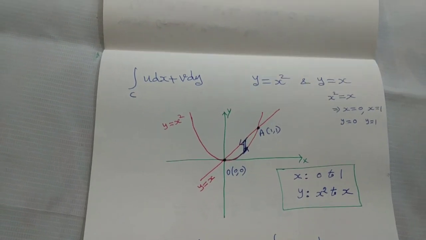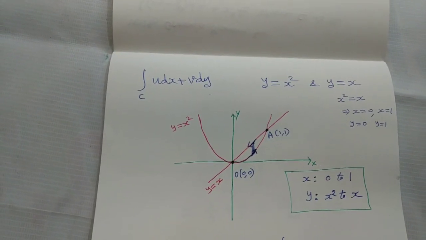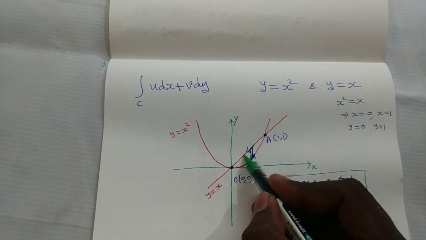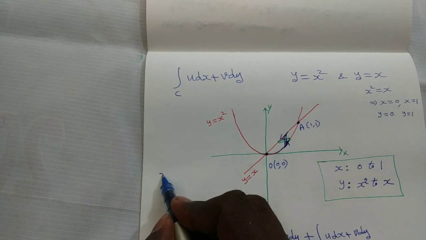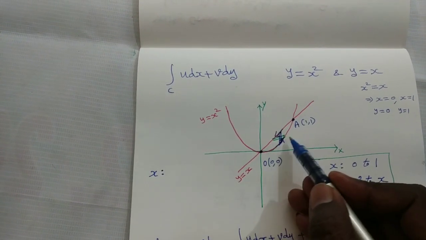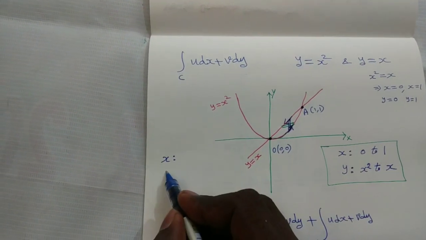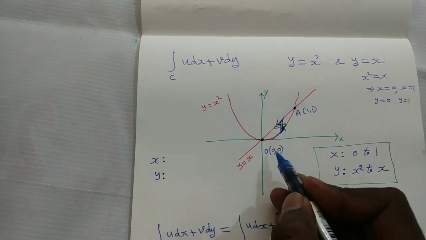Suppose we put a horizontal strip instead. Horizontal strip means the x limit is variable and the y limit is obviously constant, so it is 0 to 1.